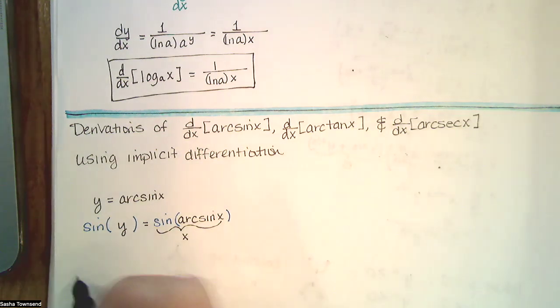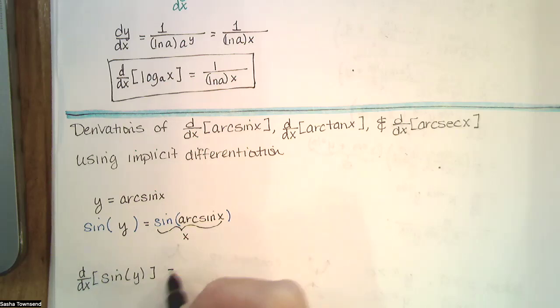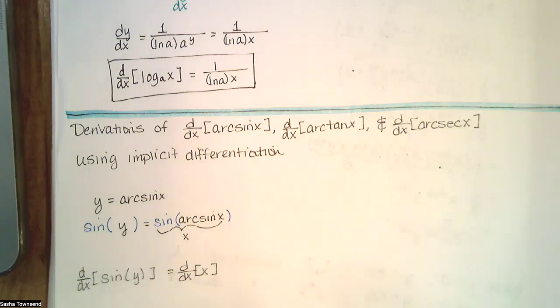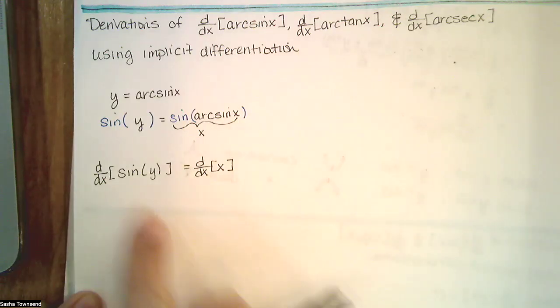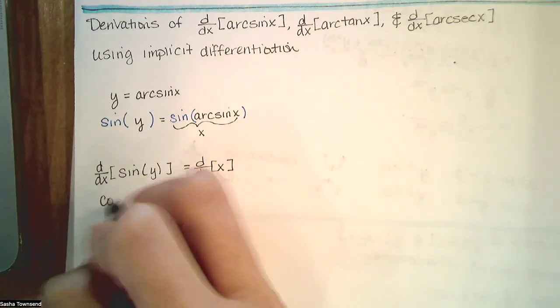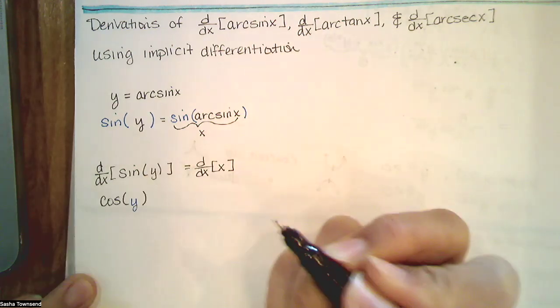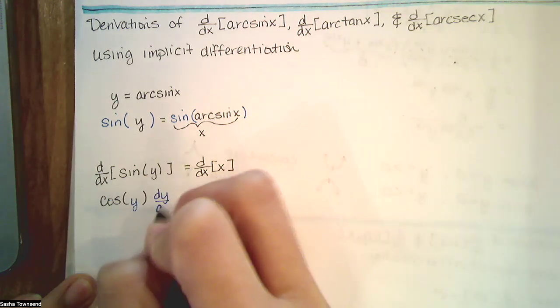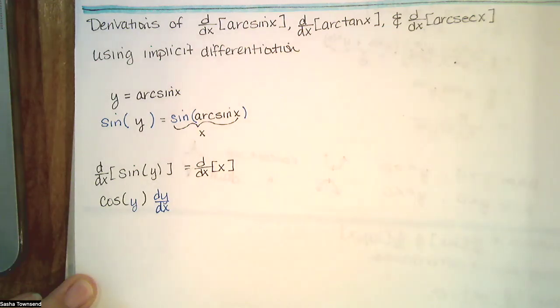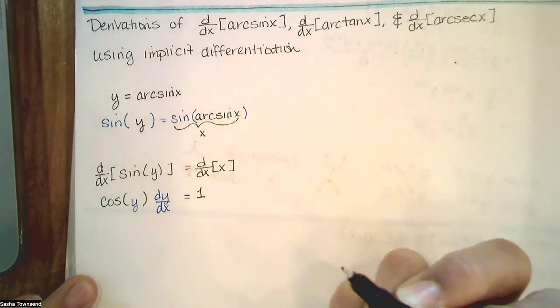I'm trying to figure out what the derivative is, so I will differentiate both sides with respect to x. The derivative of sine of a function of x is cosine of that function of x times the derivative of the inside. In this case, our derivative is dy dx. And the derivative of x on the right-hand side is 1.